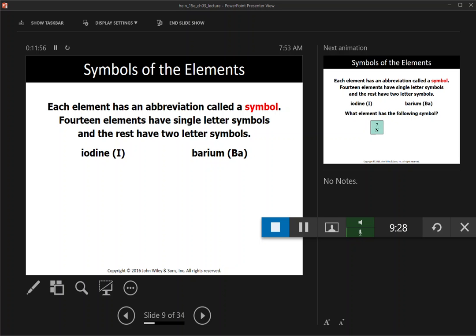Now, the general rule for elements and their symbols is that if the symbol of the element consists of only one letter, that letter has to be in caps. And if the symbol for the element is composed of two letters, the first letter is in caps, the second one is in lowercase.